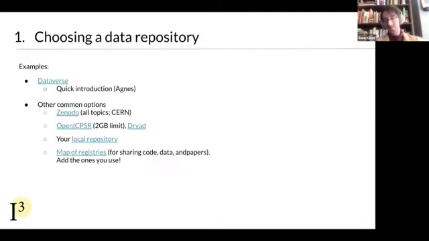There are a lot of data repository options out there, and usually the first question you have to answer before deciding how you annotate your data is where you're going to put it. And sometimes, depending on that choice, you end up with different affordances for what you can say about it and how you can make it visible. I tend to use Dataverse more than other things.